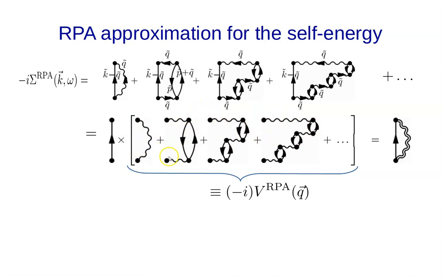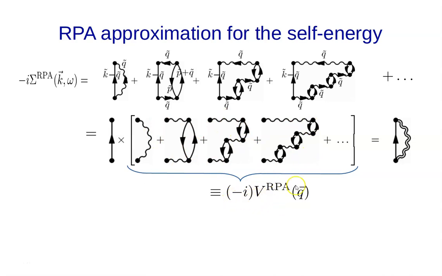And I'm going to call this series with alternating number of bubble diagrams, I have 0 here, 1, 2, 3, so the overall signs of these will be alternating as well. And I'm going to call this the RPA potential.